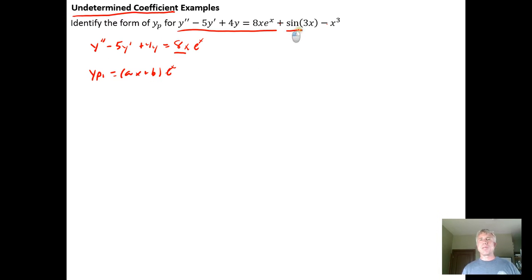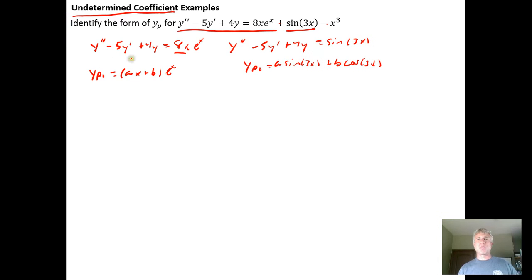And then we could look at y double prime minus 5y prime plus 4y equals sine of 3x. And then we would guess for this function, y particular 2 equals a sine 3x plus b cosine of 3x. And then we could solve this for y particular 2. We could solve the other one for y particular 1.